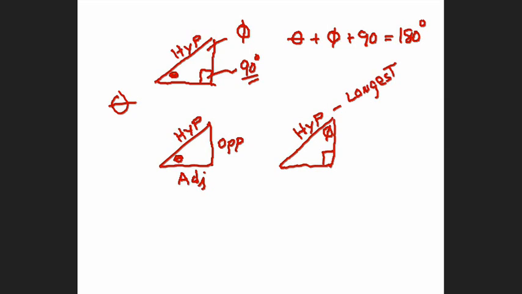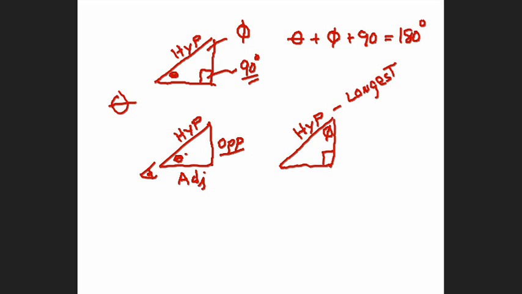And depending upon where you're looking from, remember back over here, we said if I'm looking from this angle over here, this is the opposite. If I'm looking from this guy right here, here's my eyeball, I'm going to show an eyeball over here. If I'm looking, this is the opposite and this is the adjacent.